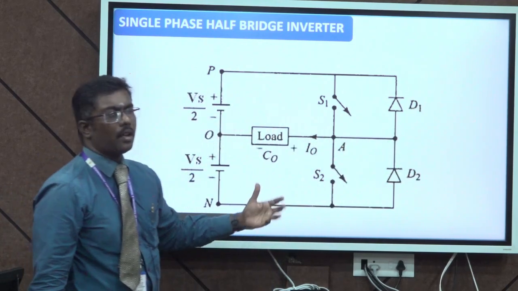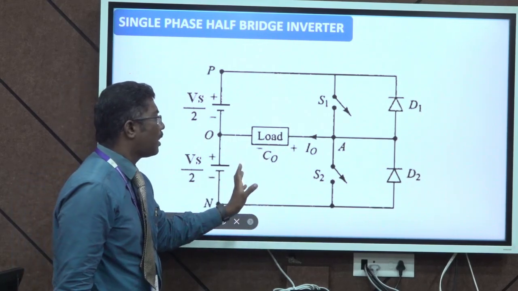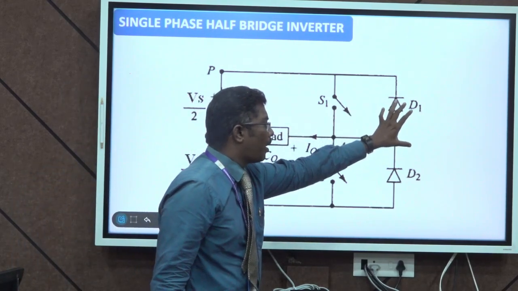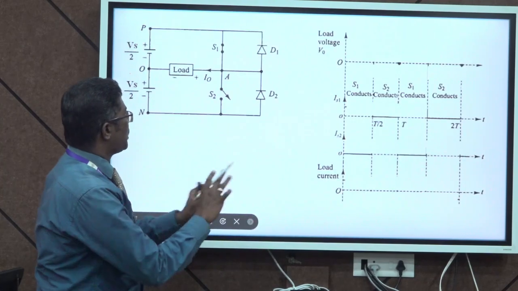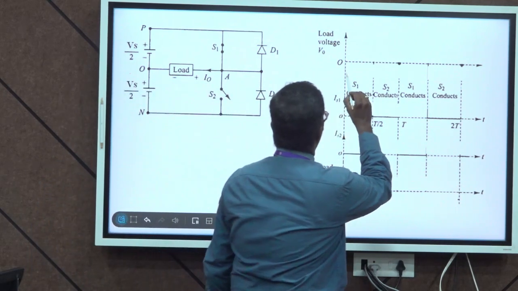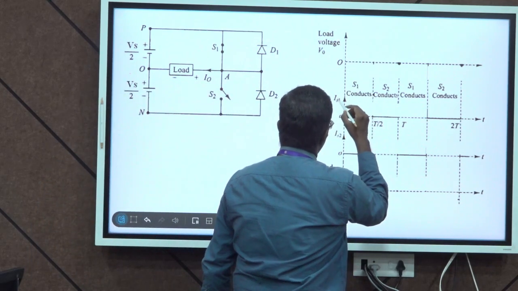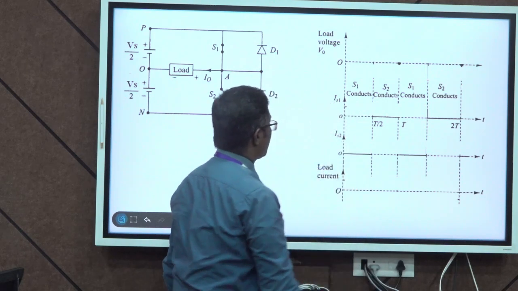If you are using an RL load, in that case the diodes D1 and D2 will come into play. This is the circuit diagram, and here we have the waveforms: load voltage, current through switch 1, current through switch 2, and the load current.